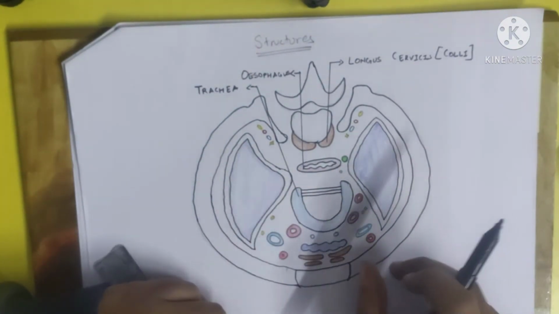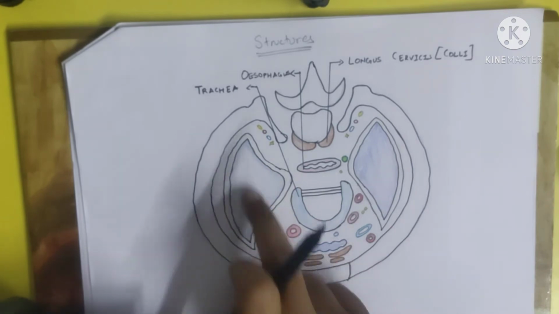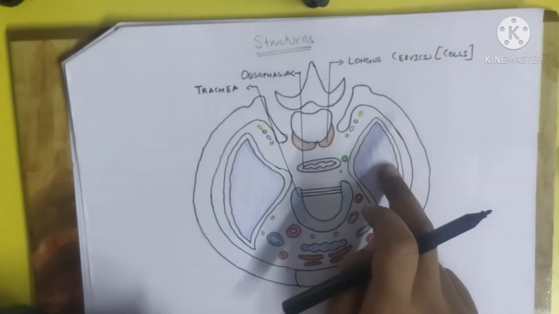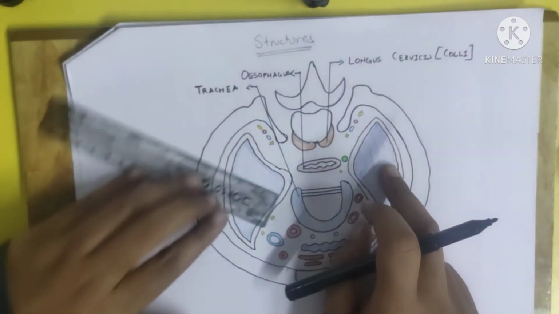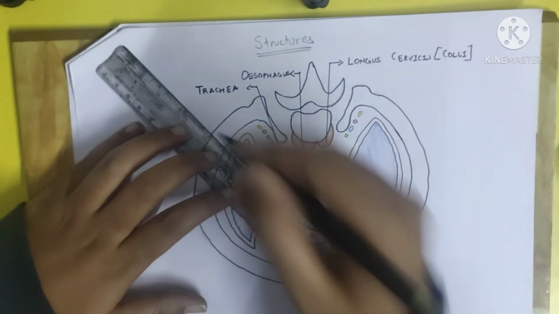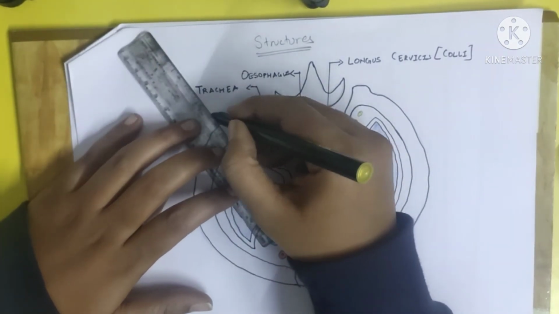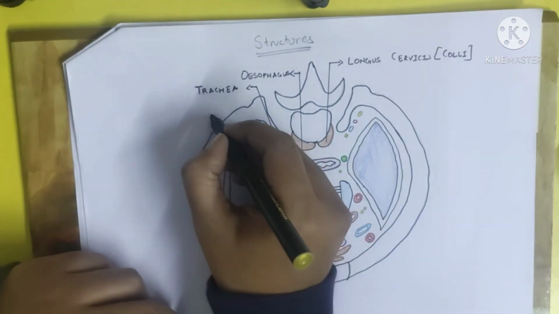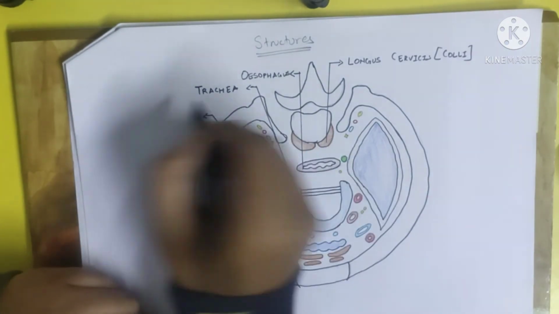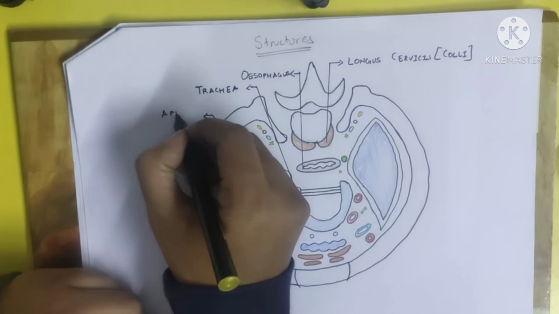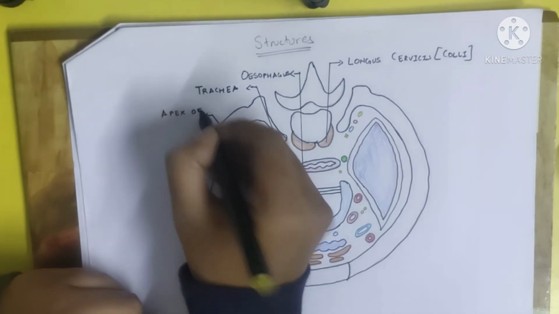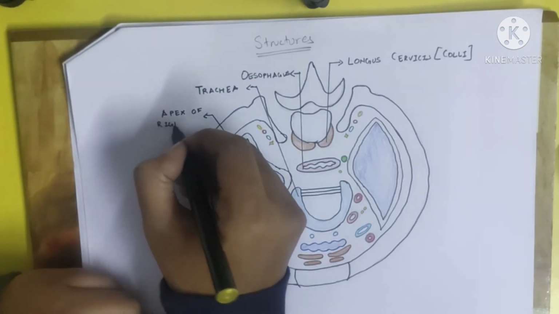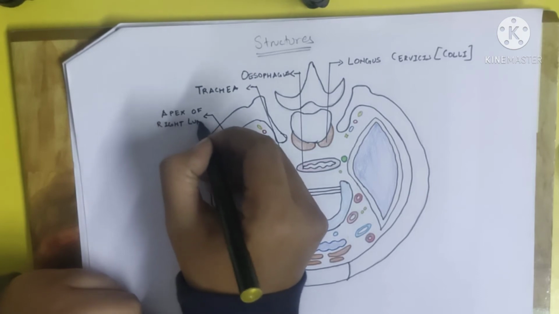Now then we'll go for your big structures, that is your lungs. This one here will be your apex of right lung.